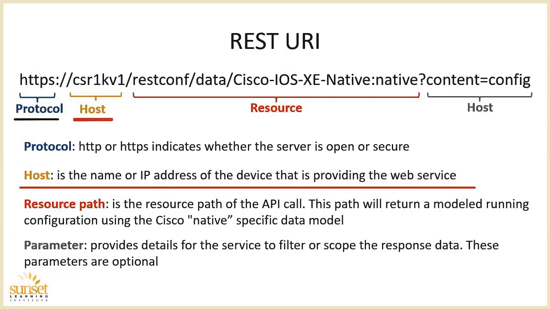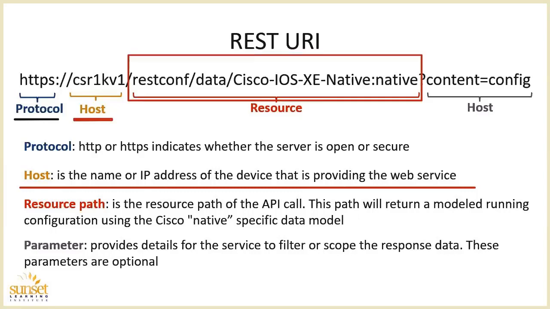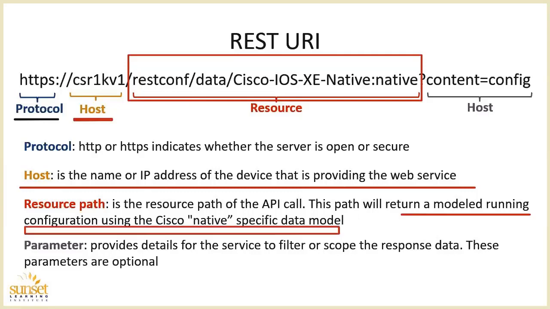The resource path, this is going to be the object. The path returns a modeled running configuration. So when you look at switches, you'll see the resource, the thing that we want to change, the object.